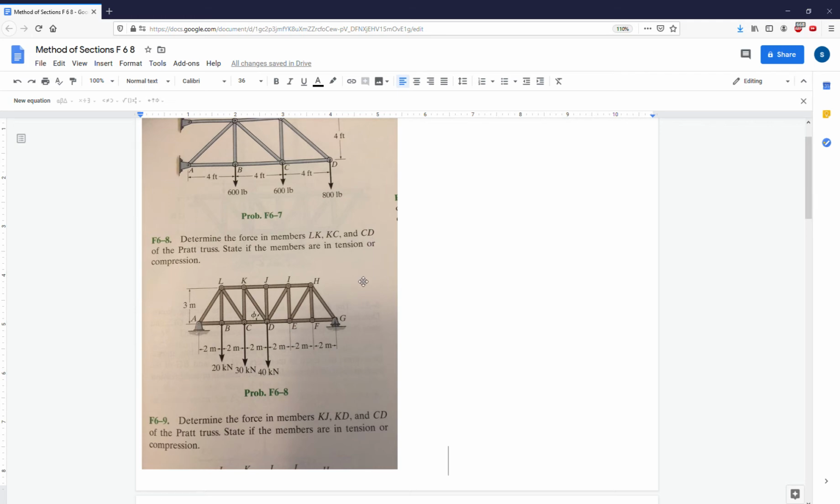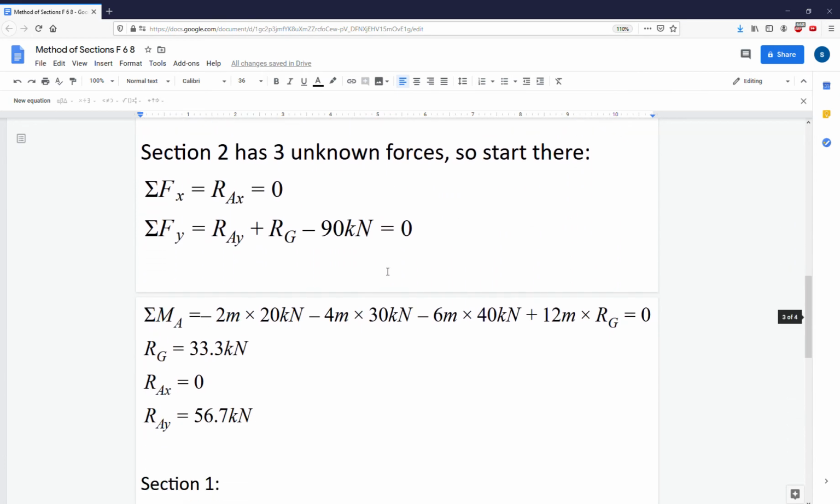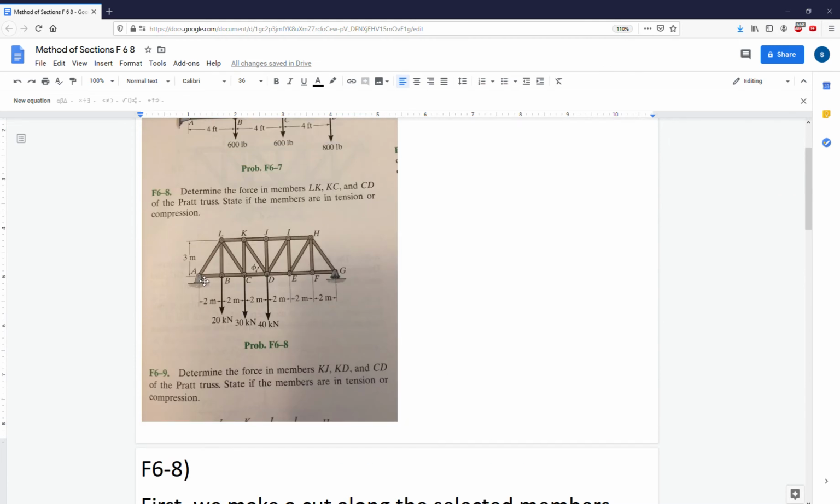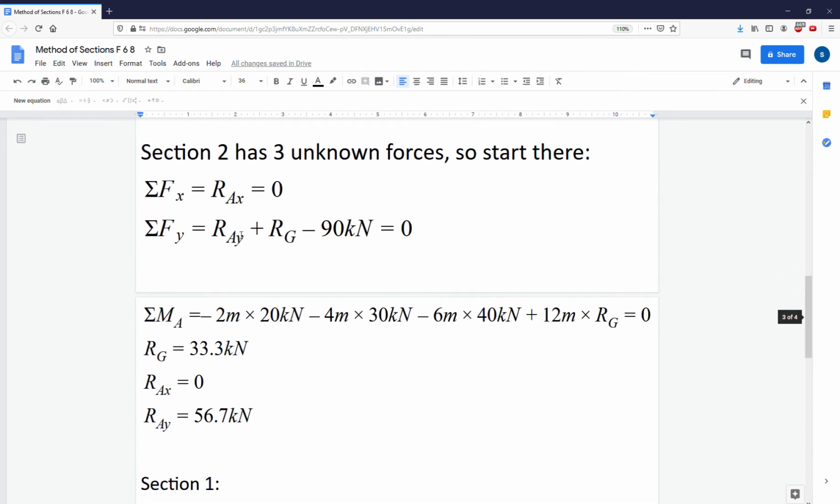For sum of forces in the y direction, we had the y component of the reaction at A, we had the reaction at G, and we had these three load forces that add up to 90 kilonewtons downward. So our equation there, RAY plus RG minus 90 kilonewtons equals 0.